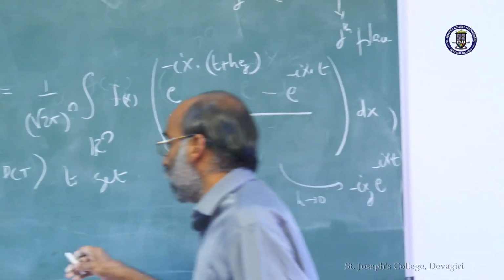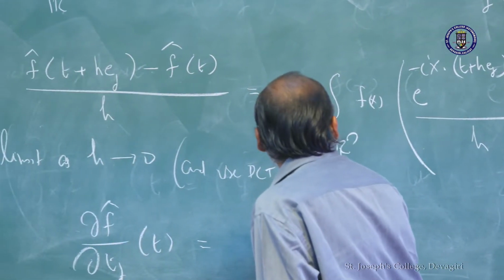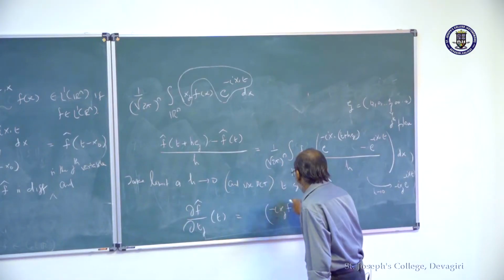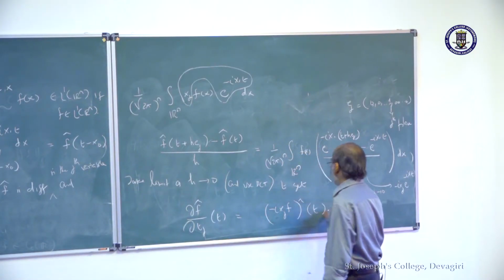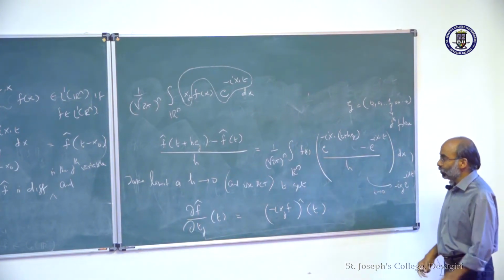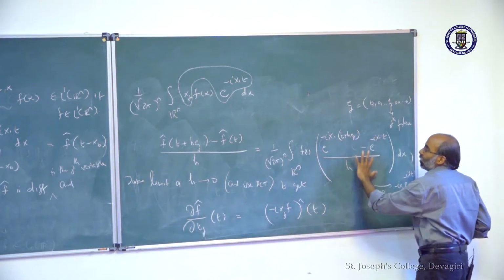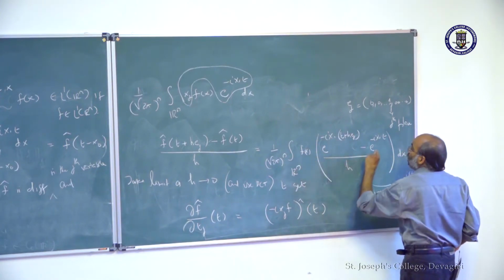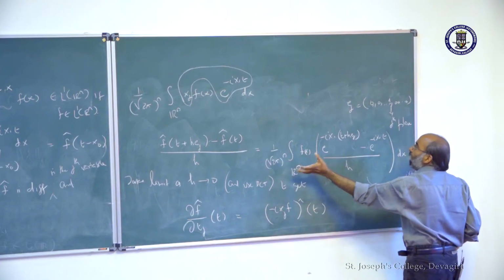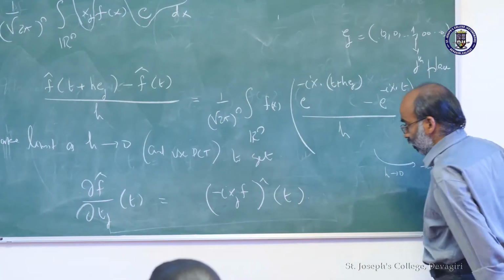So this is simply the Fourier transform of minus i xj f, taken at t. Minus xj is the function which will come down, and you have e to the minus i x dot t. So that is just minus xj f, and you take the Fourier transform at the point t.